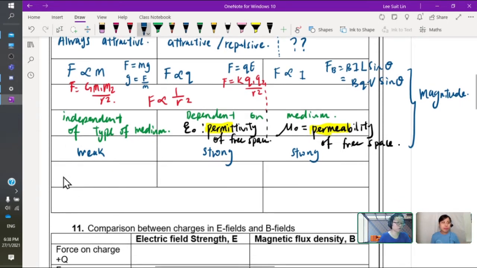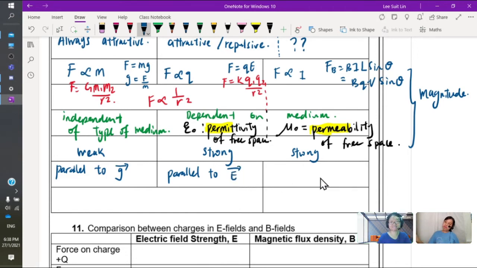Gravitational force is parallel to the direction of your gravitational field strength. Electric force is also parallel to the direction of the electric field strength. But if you use your left hand, the magnetic force is perpendicular, or 90 degrees, to your magnetic field.